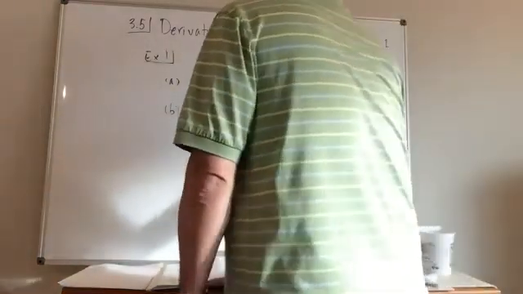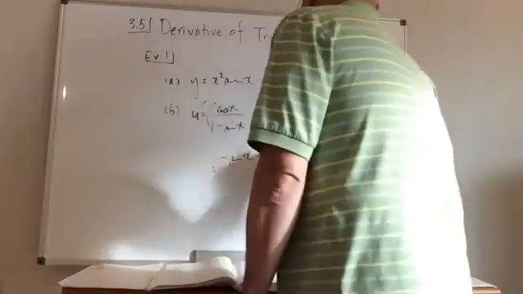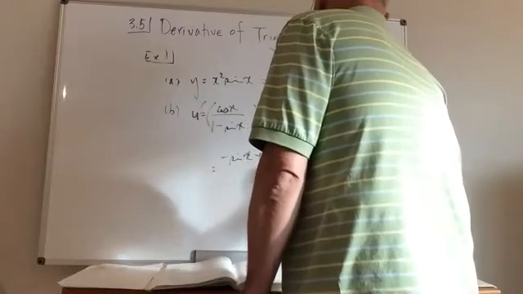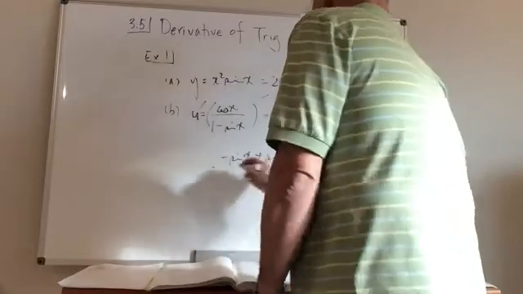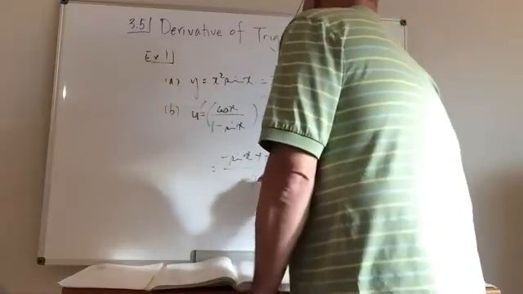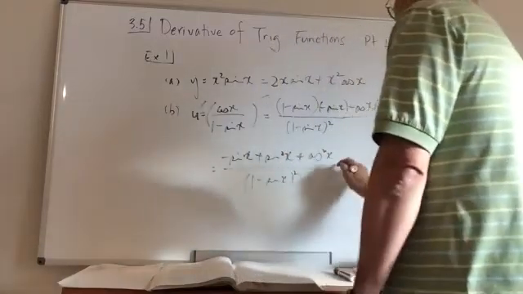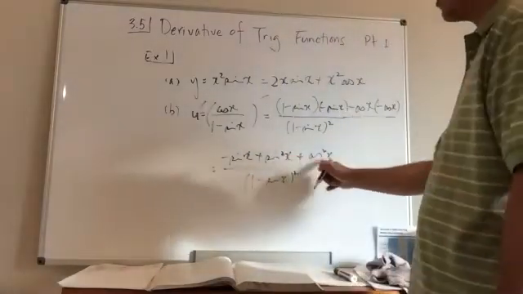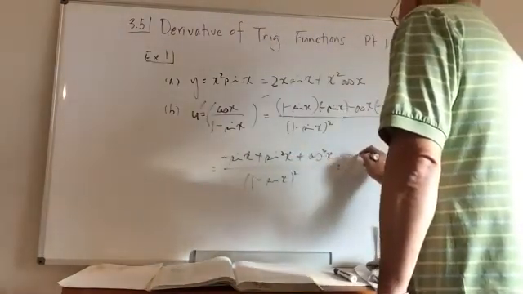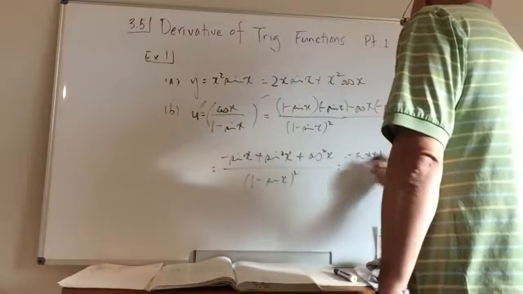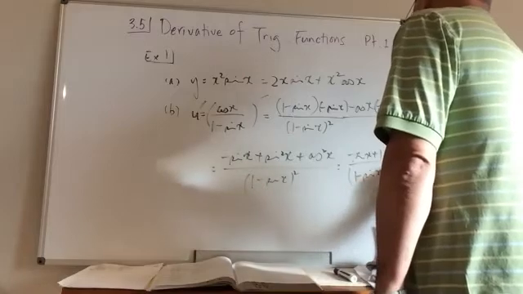So I'm going to get minus sine x plus sine squared x plus cosine squared x over 1 minus sine x squared. Notice that sine squared x plus cosine squared x is 1. So on the top, I'm going to get minus sine x plus 1. Over here, I have 1 minus sine x squared.